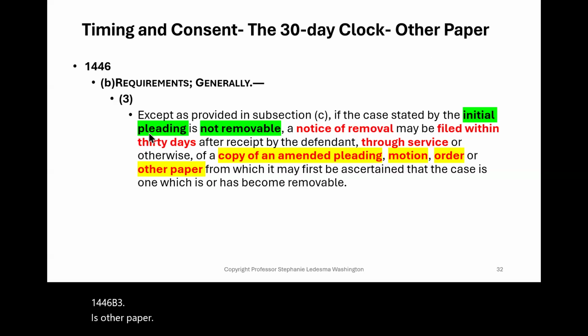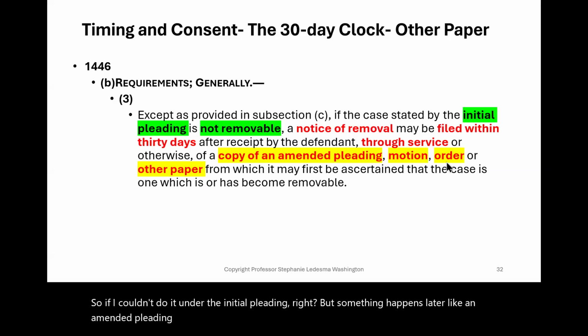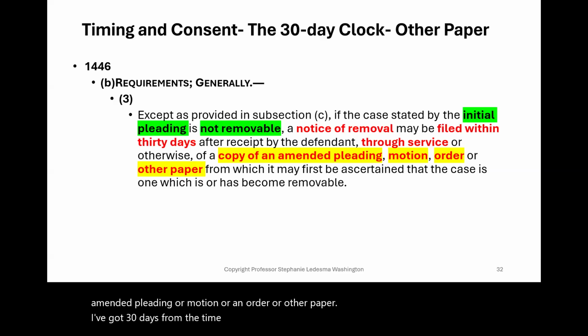So if I couldn't do it under the initial pleading, but something happens later, like an amended pleading or a motion or an order or other paper, I've got 30 days from the time that I get this to seek a removal.